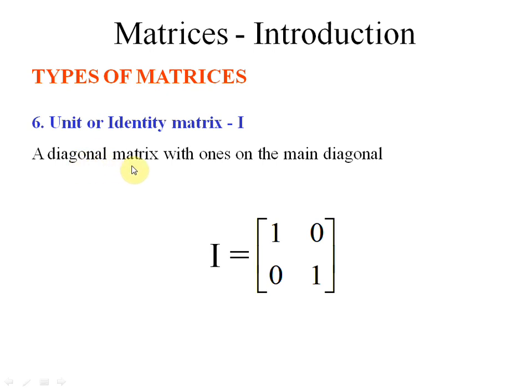It is a diagonal matrix with ones on the main diagonal, so only the main diagonal entries are 1. You have to memorize this matrix: 1 0 0 1. The first and fourth entries are 1 and the second and third entries are 0. This is called an identity matrix.